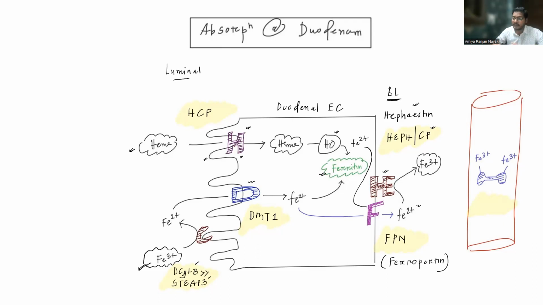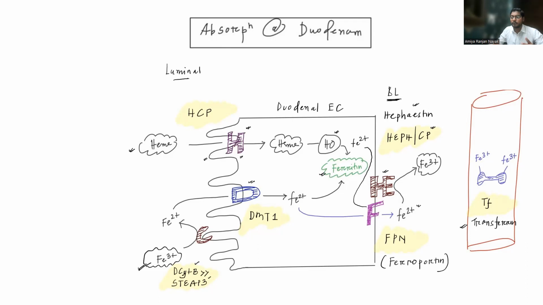Now it is converted to ferric form. It can bind to a dumbbell-shaped glycoprotein that is known as transferrin. Transferrin transports the ferric form of iron, that is why the name is transferrin. It has two sites to bind the ferric molecules.